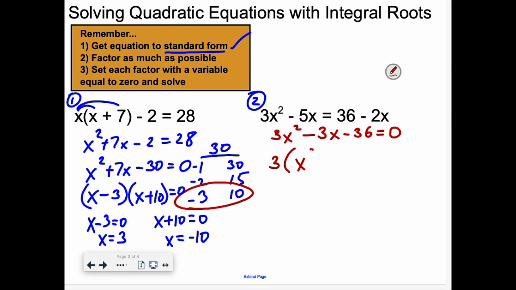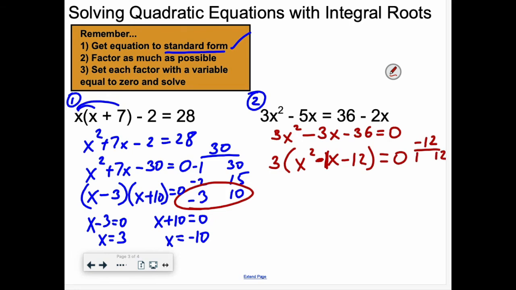So I can factor out the 3. Now we can factor this middle one by saying factors of negative 12 that add up to negative 1. The 12 is negative, so one of these is going to have to be positive, one's going to have to be negative. And the negative 1 means the bigger number has to be negative.